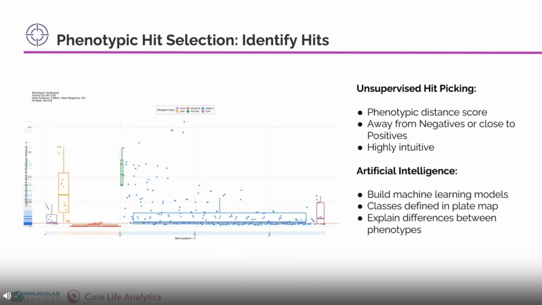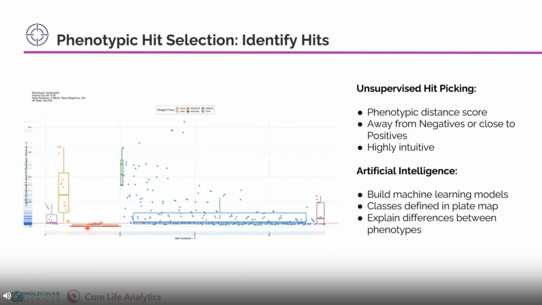But after all that's said and done, you can then take your data to find out which compounds or hits give a distinct phenotype relative to a specific reagent class, and this can be a group of compounds or a negative control. For example, here's the hit visualization that Angeline has shown earlier, where it's a simple case to find hits from her samples that are phenotypically different from the negative controls.